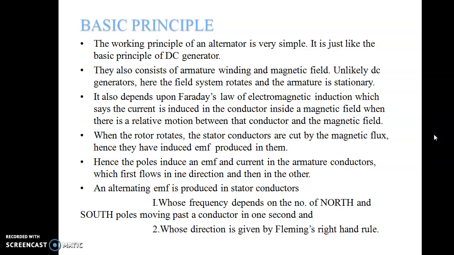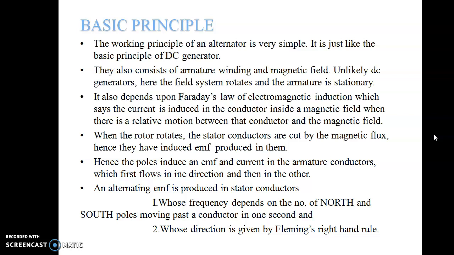So, when the rotor rotates, the stator conductors, the armature conductors, are cut by the magnetic flux, and as a result an induced EMF is produced inside them.